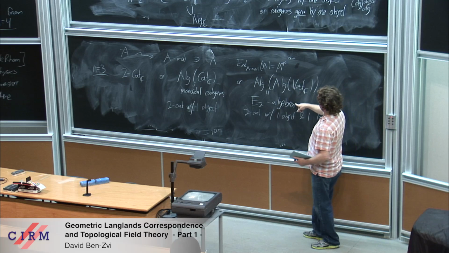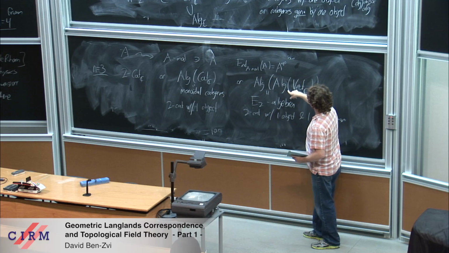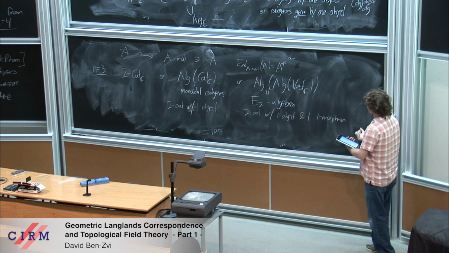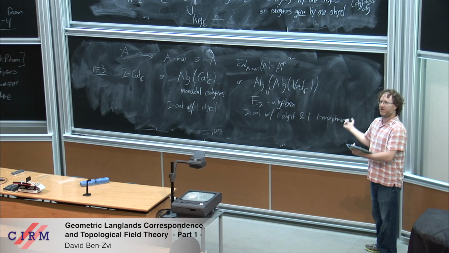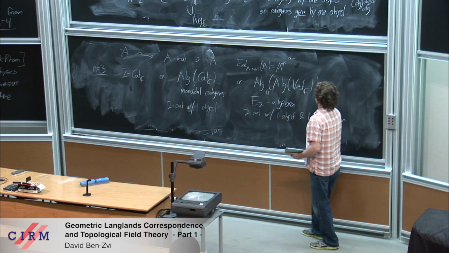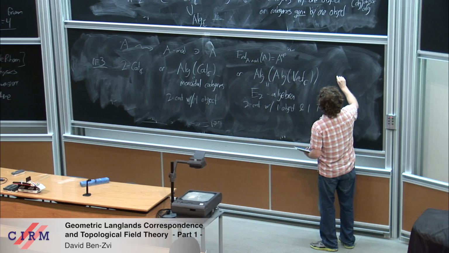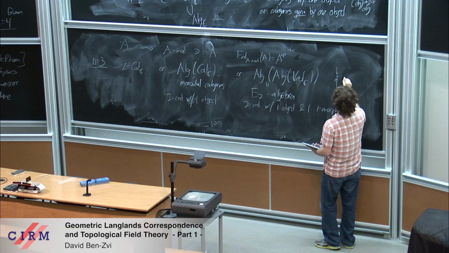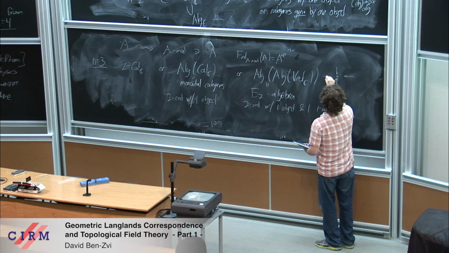And such a category will be the same as an algebra in algebras in vector spaces. So what does this mean? It means a vector space with 2 associative algebra multiplications that are compatible. So you can think of this as an algebra that has a kind of vertical multiplication and a horizontal multiplication.